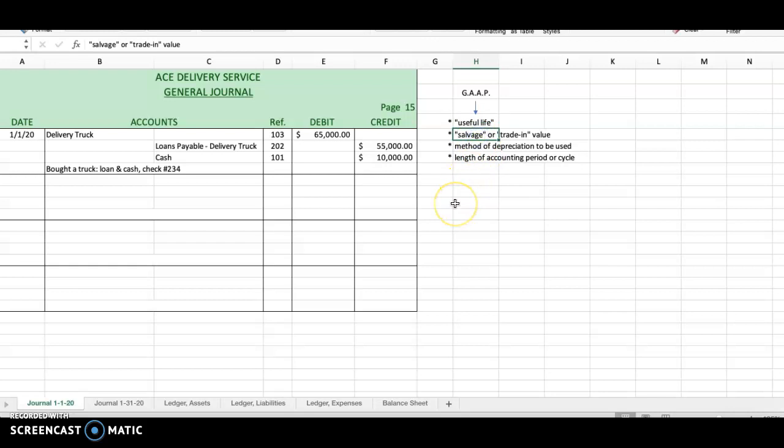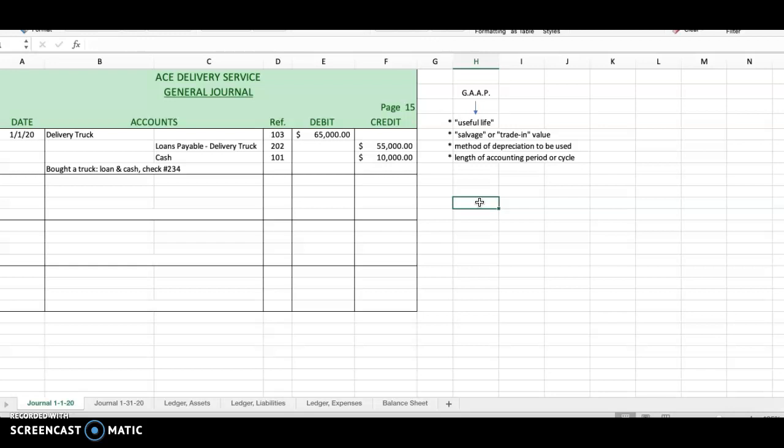At the end of the 10 years, we need to know, at least determine to the best of our ability, what the salvage value, or in this case with a truck, the trade-in value of this asset. And again, there are publications such as the Blue Book that determines the proper or average value of trucks and cars and those types of vehicles.